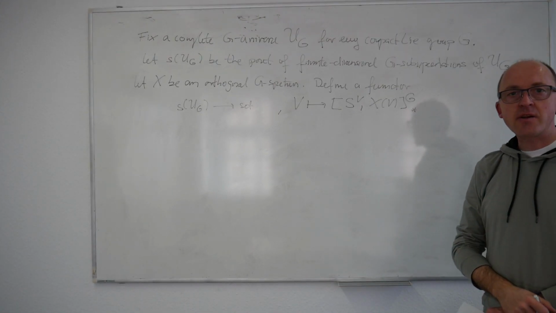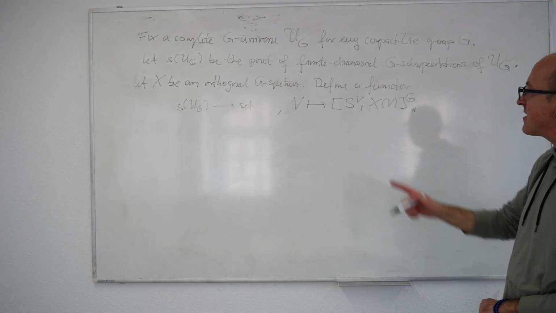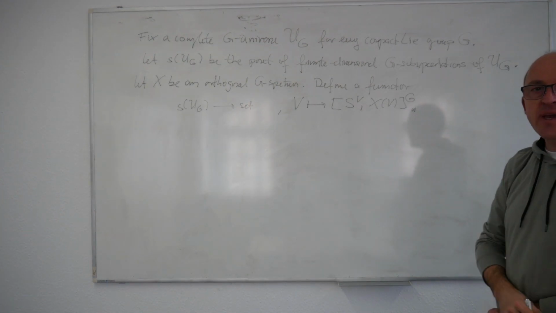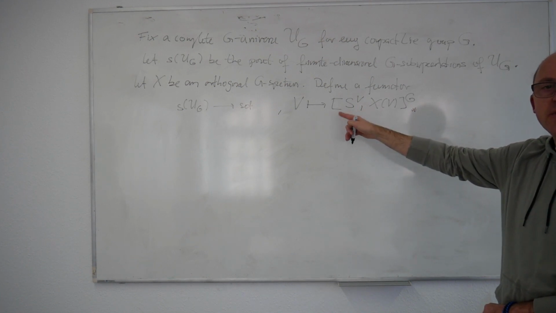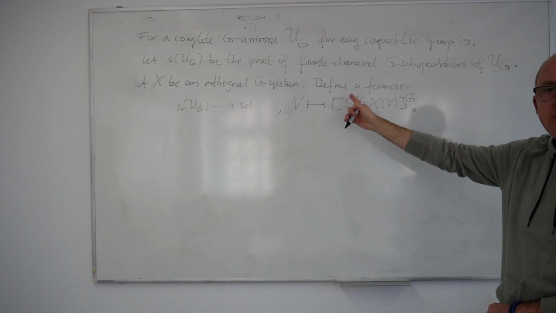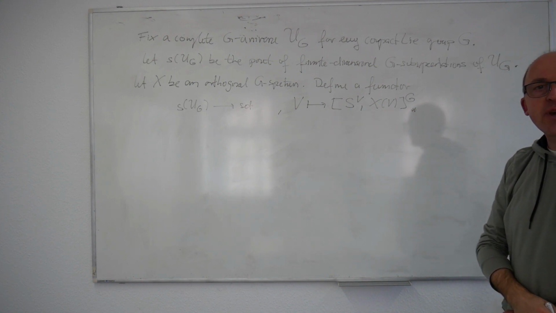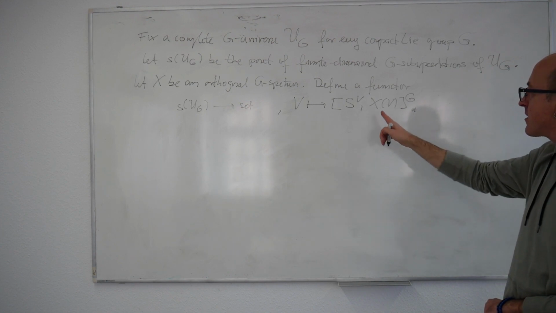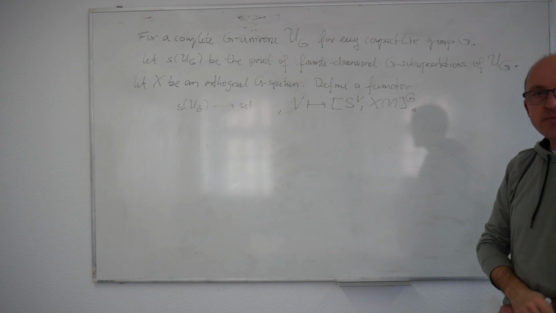I use square brackets for homotopy classes of morphisms. In this case, I look at continuous based G equivariant maps from the one-point compactification S^V, with induced G action, since V is a representation, to X of V, which is also a G space, with the diagonal action from the one on X and the one on V. These are both based G spaces.